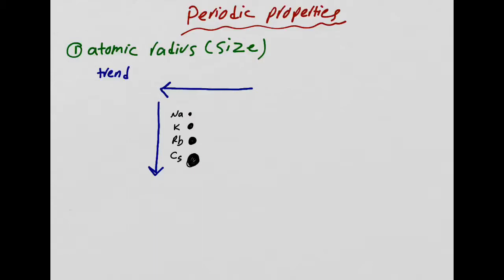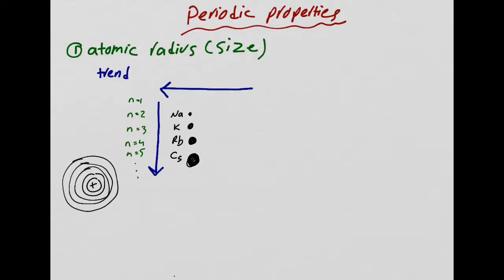And does that make sense? That makes perfect sense, because remember what we talked about. This was n equal 1, n equal 2, n equal 3, n equal 4, 5, and so on. Do you guys remember that? As you come down the periodic table, the n value increases, right? We talked about energy level, as you go away from the nucleus, this is N1, N2, N3, and it keeps going up.